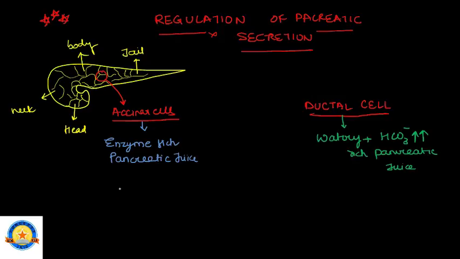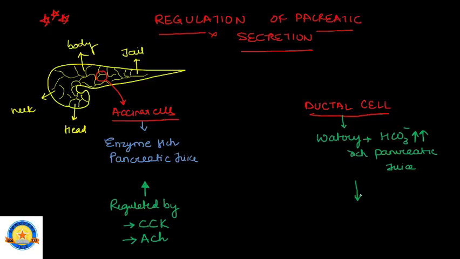Now, this particular acinar cell is mainly regulated by two agents, a hormone and a neurotransmitter: cholecystokinin and acetylcholine.